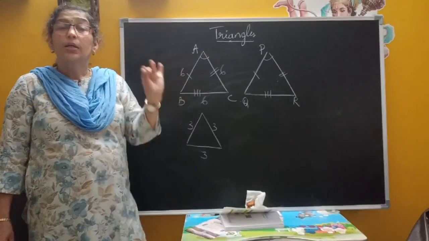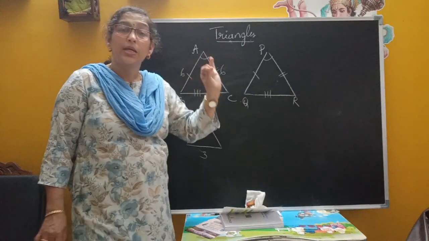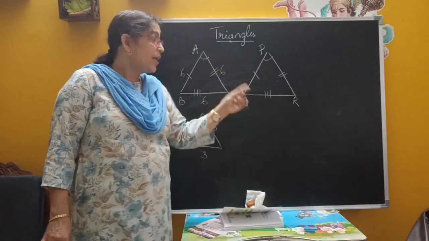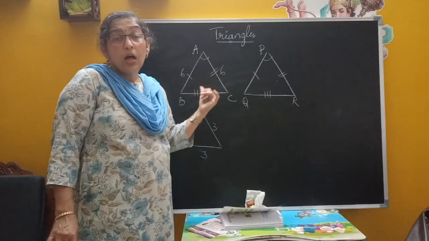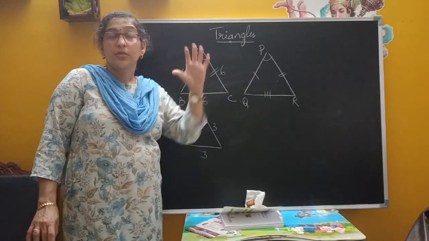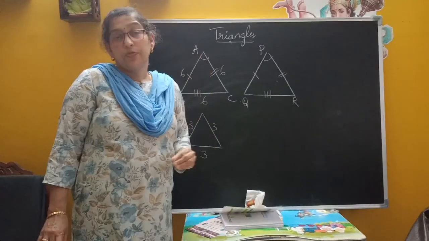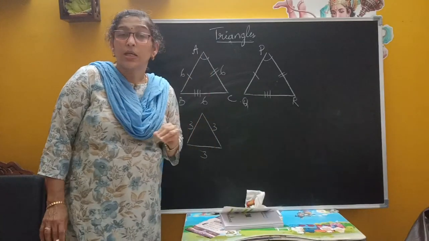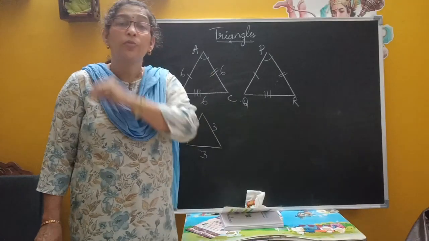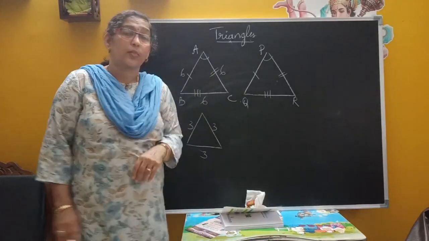But in case of similar figures, size is different, shapes are same based on the angles and the proportionality of the sides. Okay, so how can we define similar figure? Similar figures are the figures of same shape but are of different size.